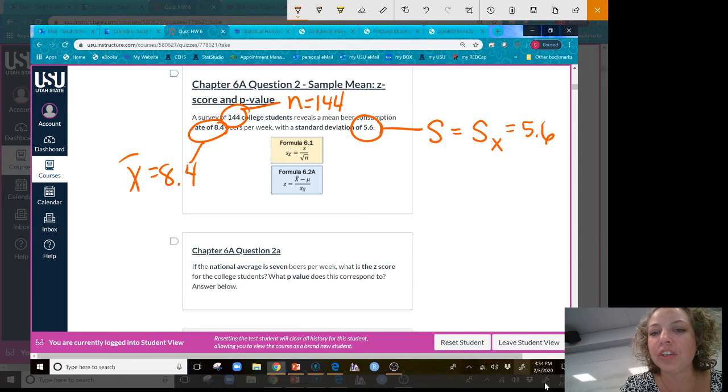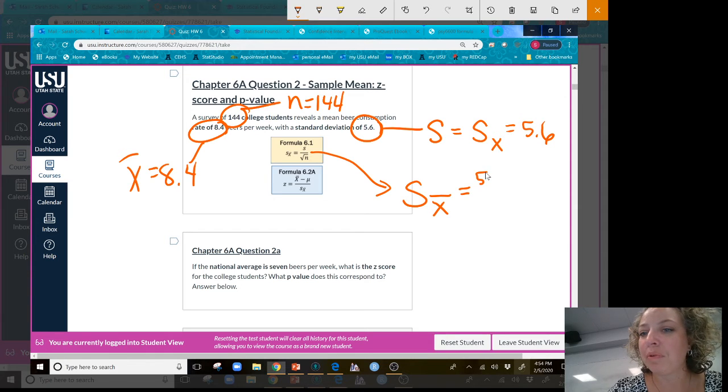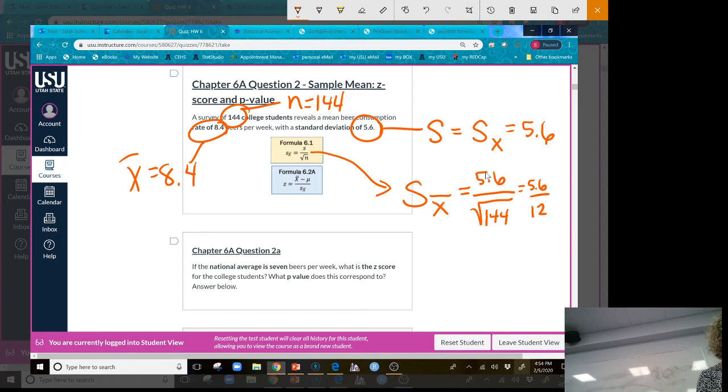But if we want to do S of X bar, what do we have to do? 5.6 divided by square root of 144. Which is, what does that equal? 0.4667.